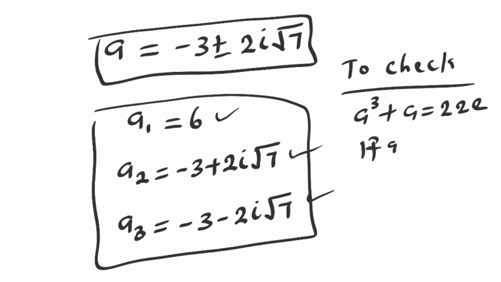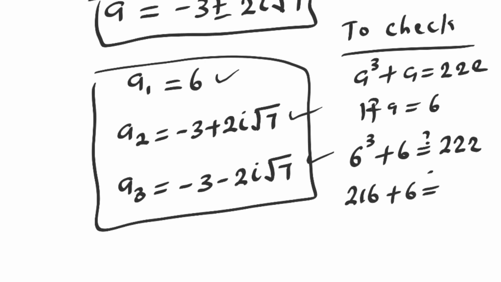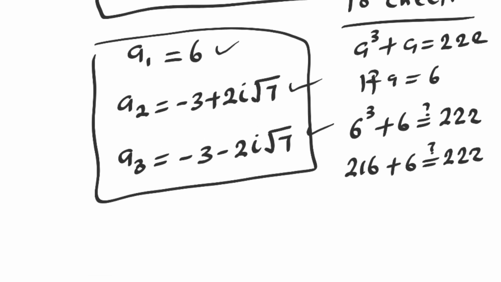If a is equal to 6, 6 raised to power 3 plus 6 must be equal to 222. 6 raised to power 3, this is 216 plus 6 must be equal to 222. 216 plus 6, this is 222 is equal to 222, which is true.